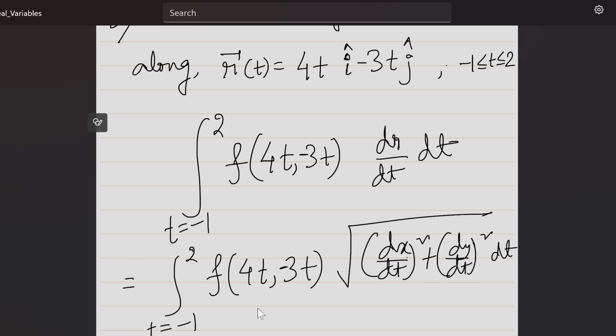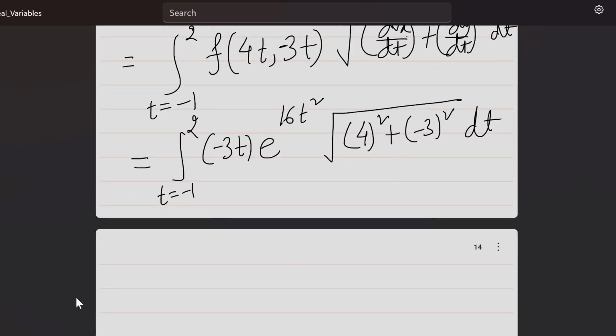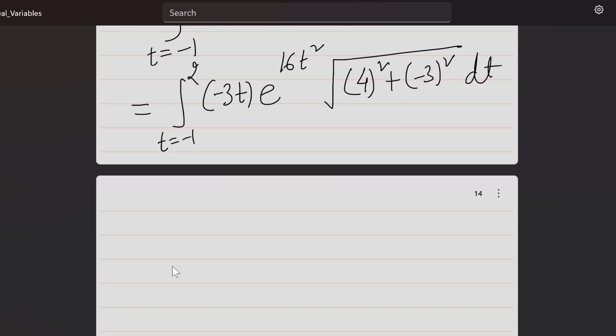So what is f of 4t comma 3t? It is y into e power x square, so y is 3t, e power x square means 16t square, and dx dt is 4 and dy dt is 3. So 4 square plus 3 square is 16 plus 9, 25, so the root is 5. That means 5 into 3 is 15, integral t equal to -1 to 2 of t into e power 16 t square.